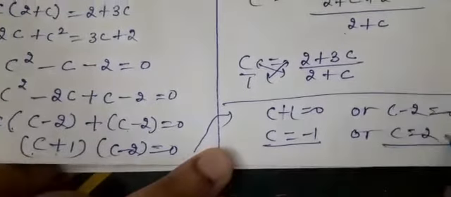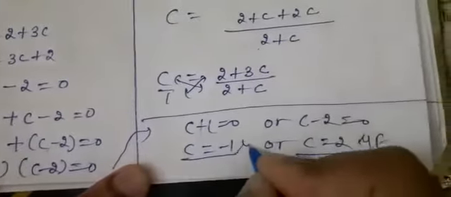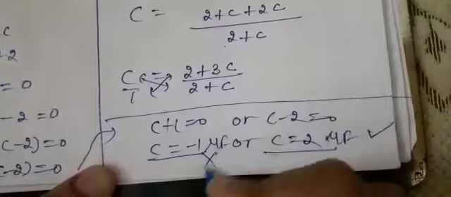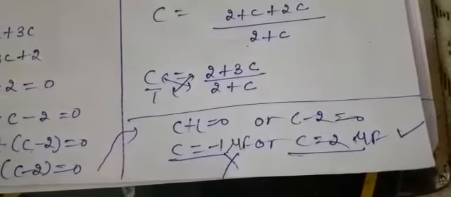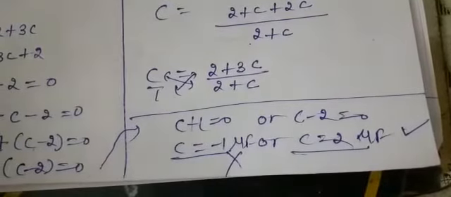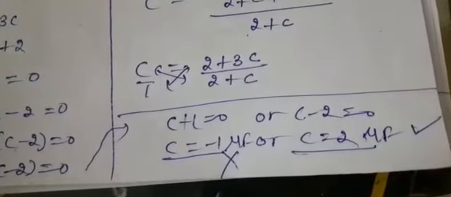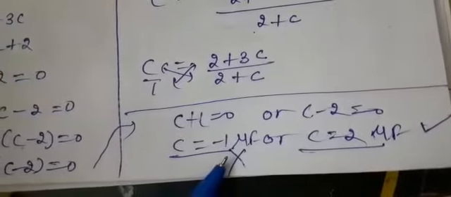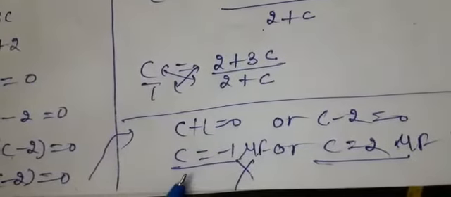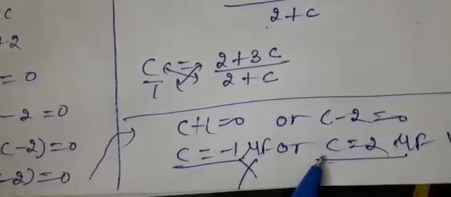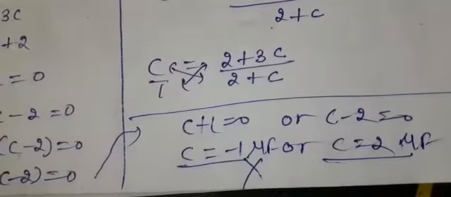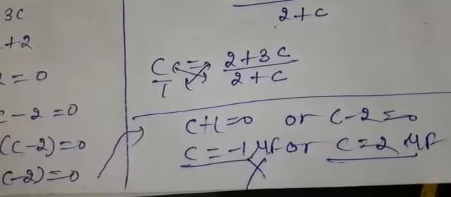So out of these, 2 microfarad will be correct and the other will be wrong. Why? Because capacitance is a value and has nothing to do with negative or positive; it cannot be negative. So the value of equivalent capacitance is 2 microfarad.